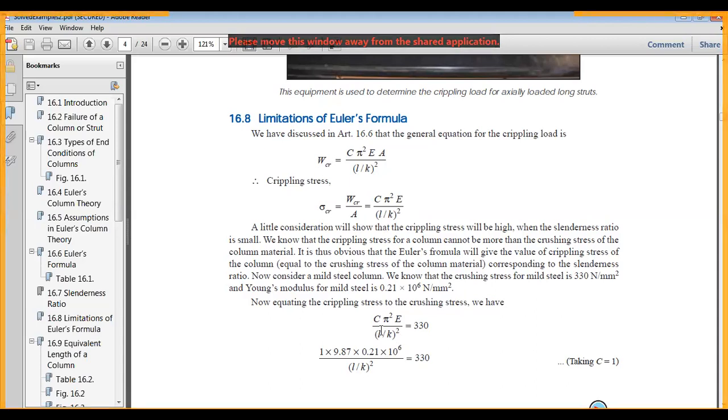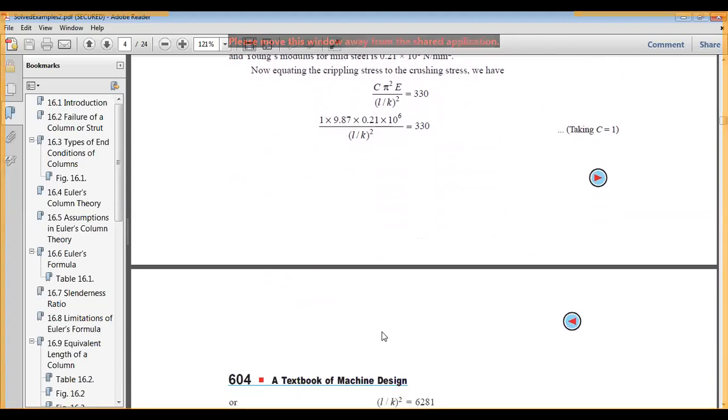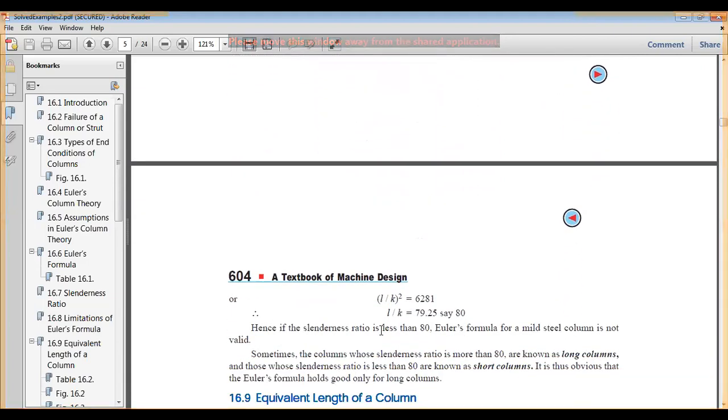So substituting these values, we find the slenderness ratio with C equal to 1, which means both ends hinged.